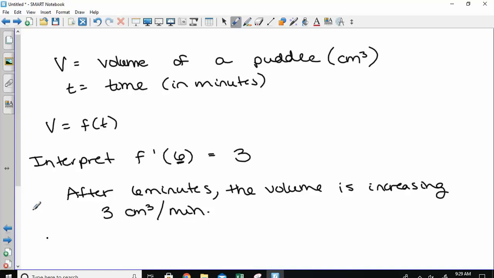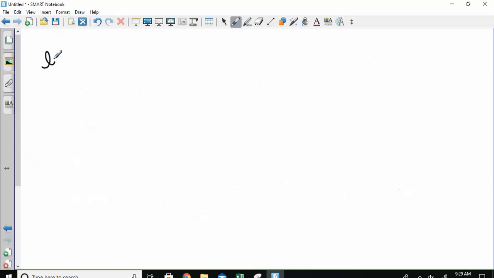Do you guys remember how to do the infinite limits? Like problem 7E. Yeah, definitely need that. So if I asked you to evaluate the limit as x approaches negative infinity of 5x.